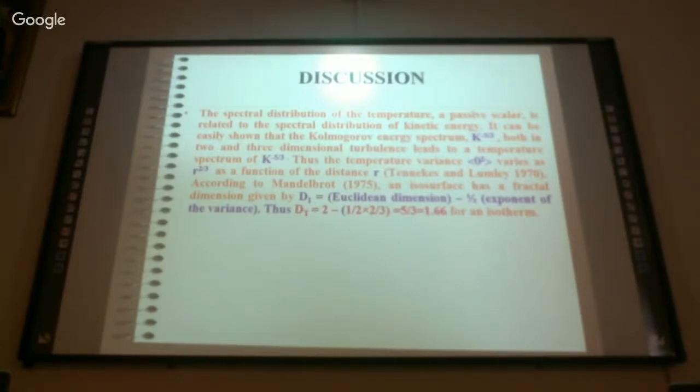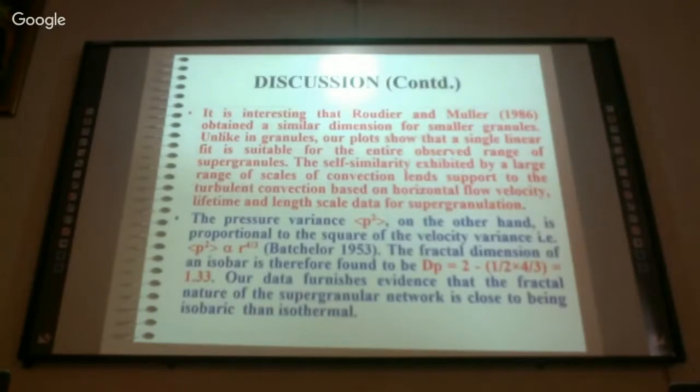But my analysis has shown that it is almost equal to 1.3, which is the same as the 1.33 you find here for an isobar. So supergranular convection is isobaric in nature and has a possible turbulent origin.